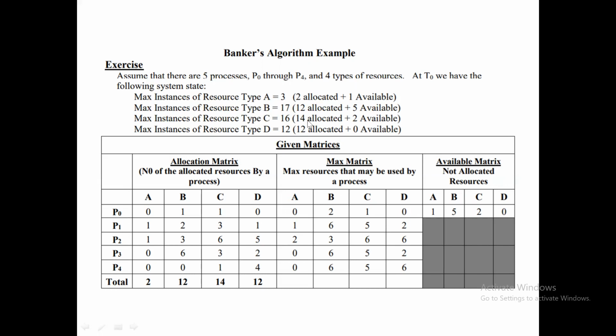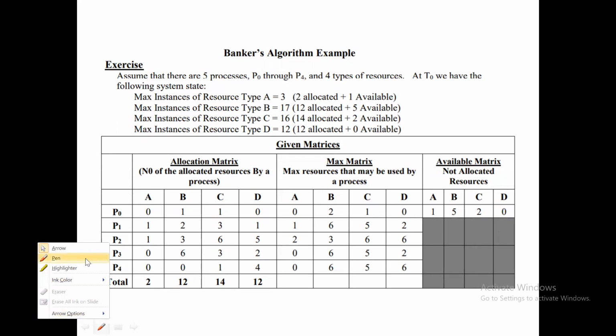These are the resource type instances given to us. Out of these 3, 17, 16 and 12, currently 2, 12, 14 and 12 have already been allocated to the processes.